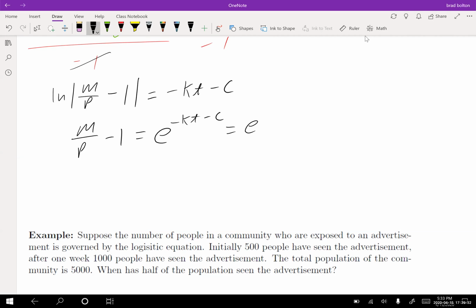This is E to the negative KT times E to the negative C. But we know that this is actually just some new constant. Let's call that constant A. That's our new constant A. So now we end up with M over P equals E to the negative KT times A, right?